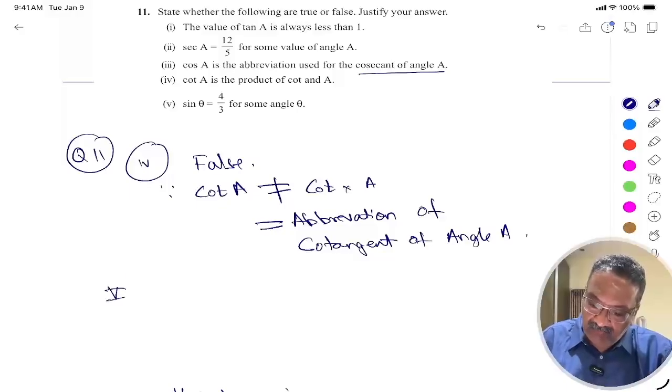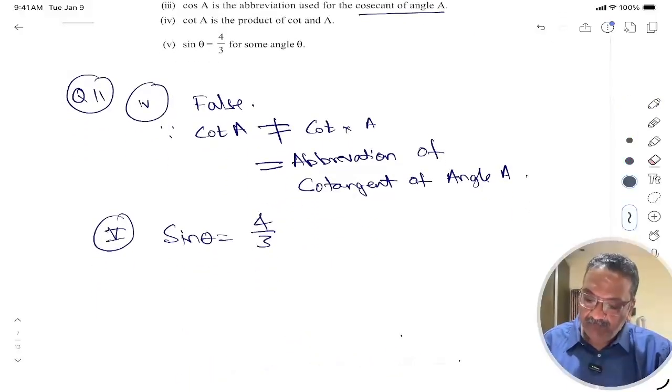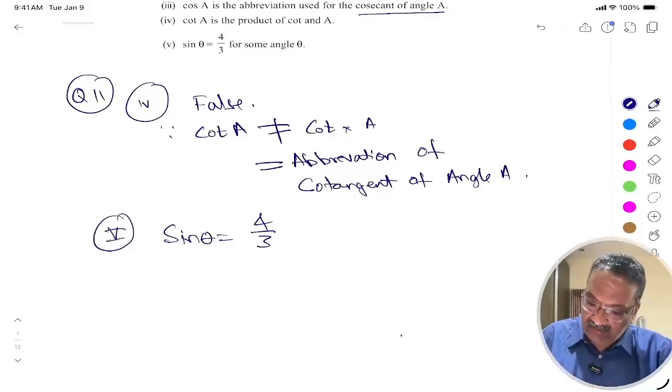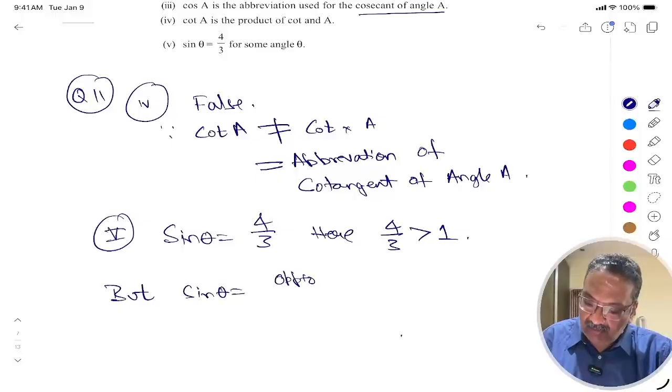Next, the fifth one: sin theta is equal to 4 by 3 for some angle theta. Now we observe that 4 by 3 is greater than 1, but sin theta is equal to opposite to angle theta divided by hypotenuse.